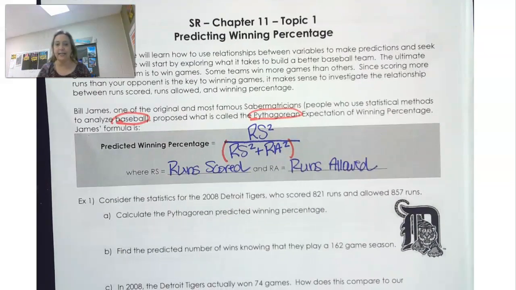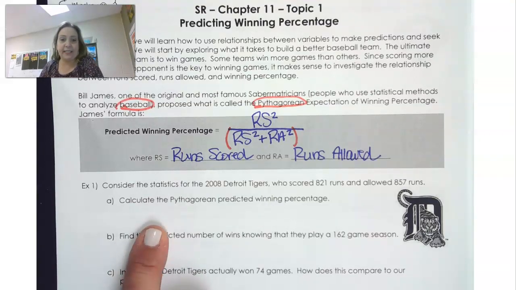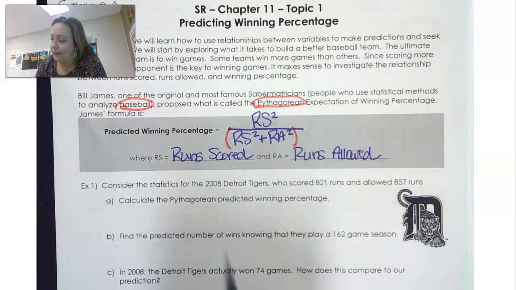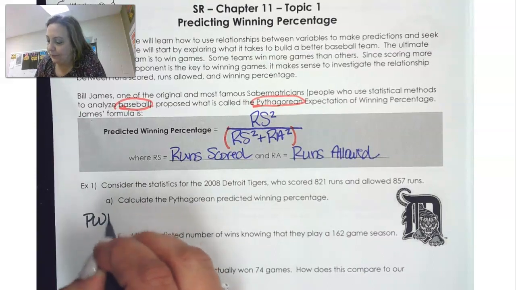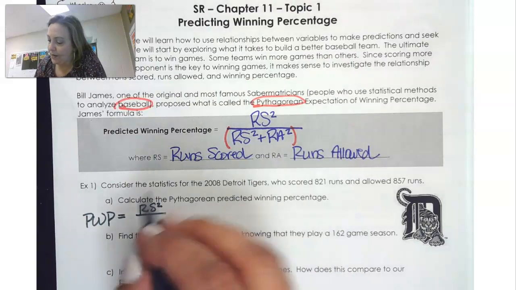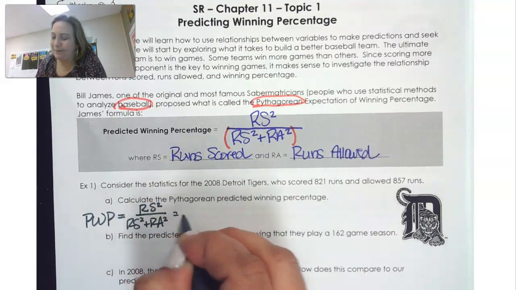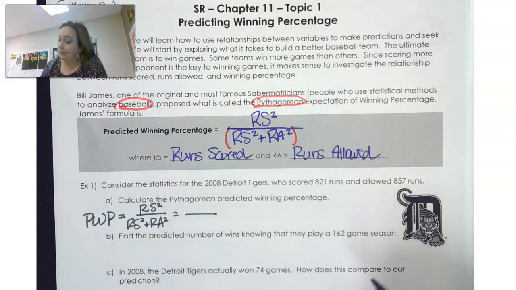So let's consider the stats for the 2008 Detroit Tigers, who scored 821 runs and allowed 857 runs. So first, let's calculate the Pythagorean predicted winning percentage. Again, our predicted winning percentage is going to be runs scored squared over runs scored squared plus runs allowed squared. You don't have to write that each time, but let's put it in.